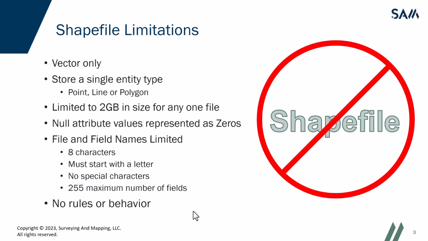Well, with more modern formats, I can apply rules to my data so that I can say things like a manhole must be connected to a sewer line, or parcel polygons must not overlap. That helps with my data quality. But I can also look at attribute data and assign things like domains, which are drop-down pick lists, so it limits the value somebody can pick when filling out that field.